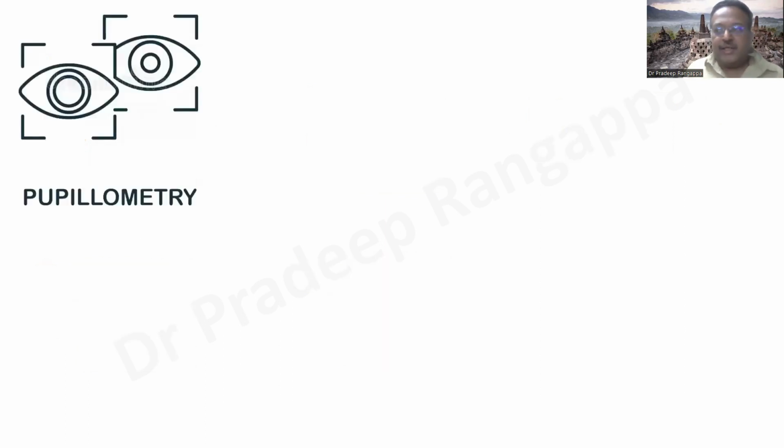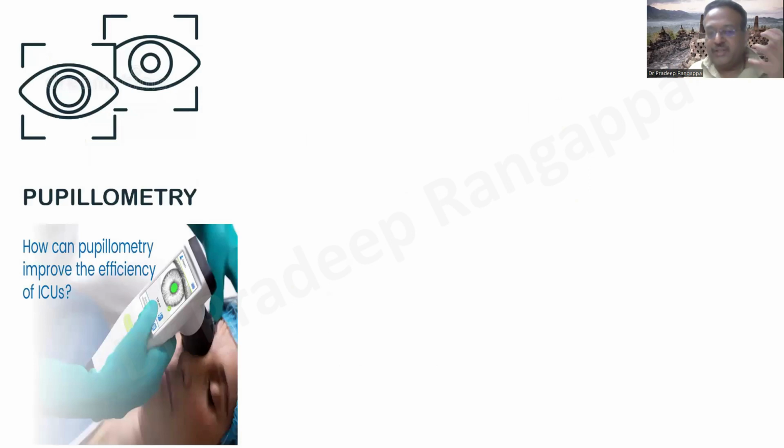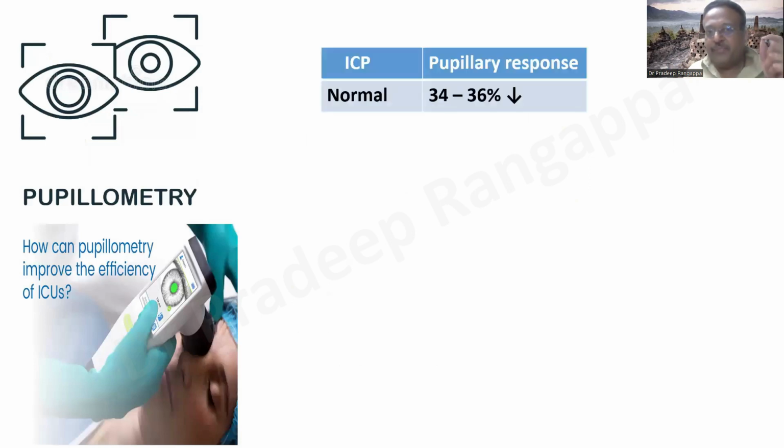So then we'll slowly move on. There are certain advances with regard to monitoring. We know for sure that when a nurse looks at the pupil, it is a crude way of estimating the size of the pupil. Pupillometry is a more advanced tool that you use to really quantify the reactivity index of the pupil. When the ICP is normal, the pupillary response, as you would all agree, is very brisk.